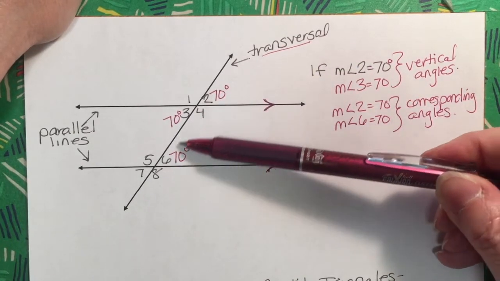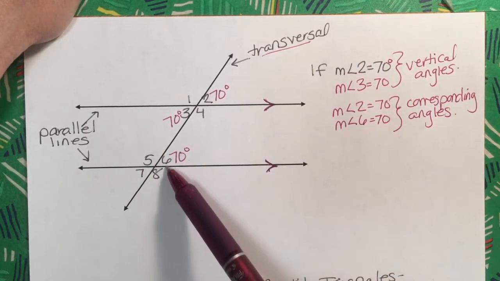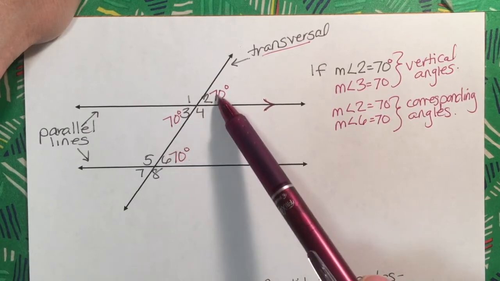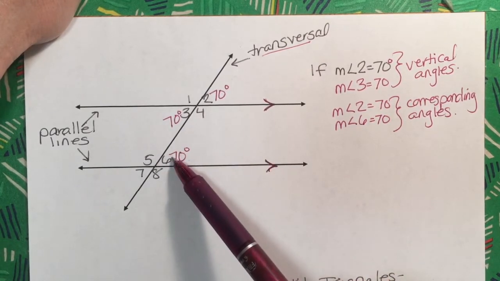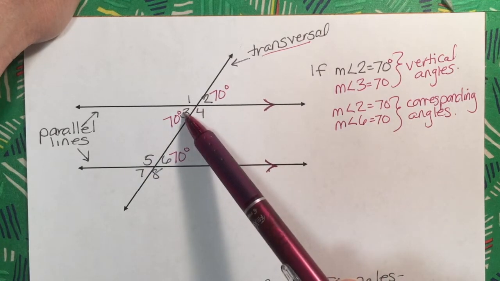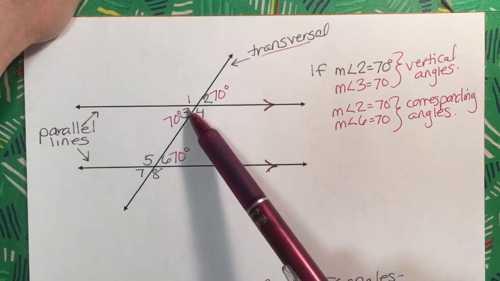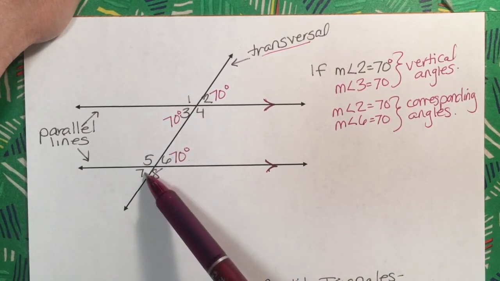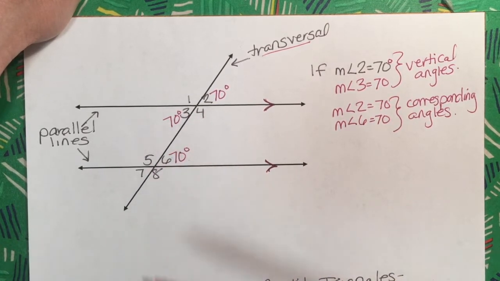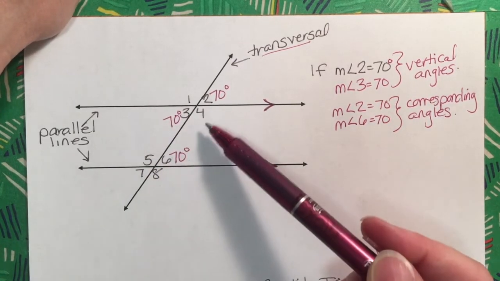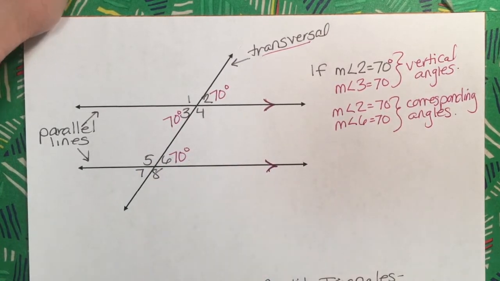If you go down to the lower level, the angle that's in the same position as angle 2 is going to be angle 6, okay? If you started with angle 3 and you move down to the lower line, the angle that's in the same position as 3 would be angle 7, okay? And angle 1 and 5 are corresponding, and angles 4 and 8 are corresponding.